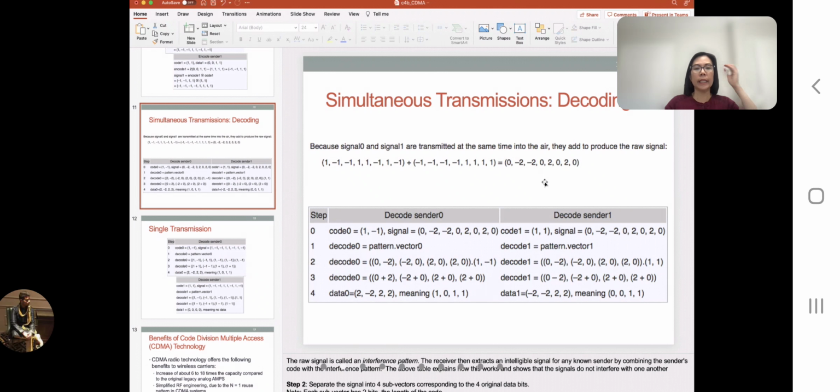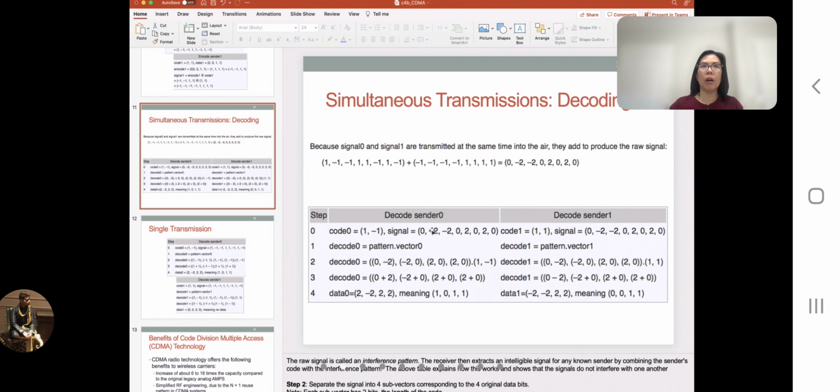Now we will see how the receiver receives the combined signal and how it can decode this signal to get back the original messages from sender 0 and sender 1. So now we have the signal and we do the decoding. The first step is to separate this sequence into subvectors.